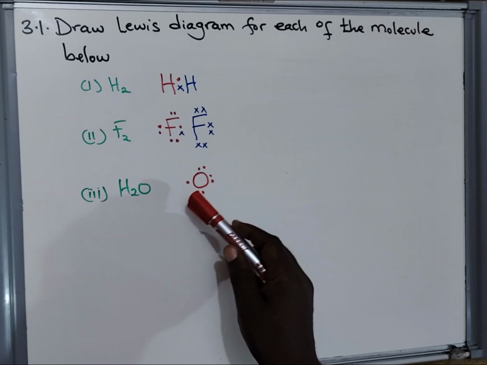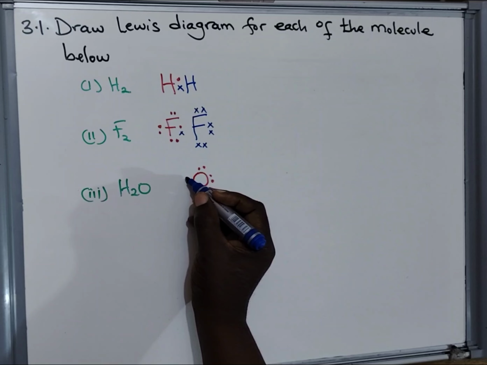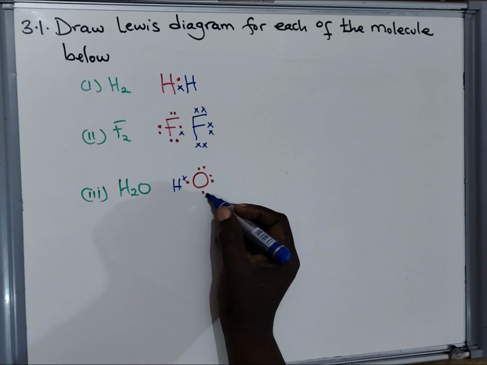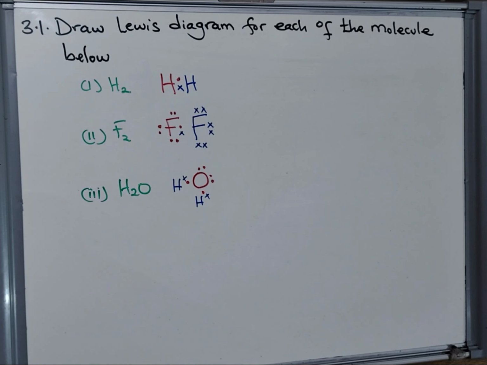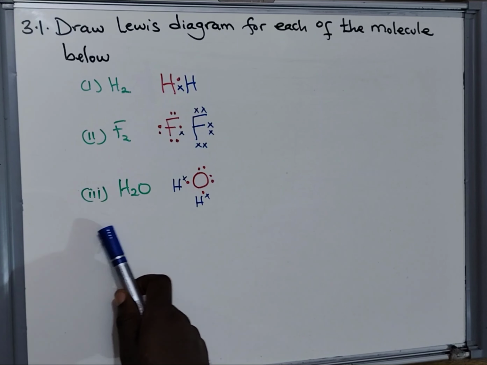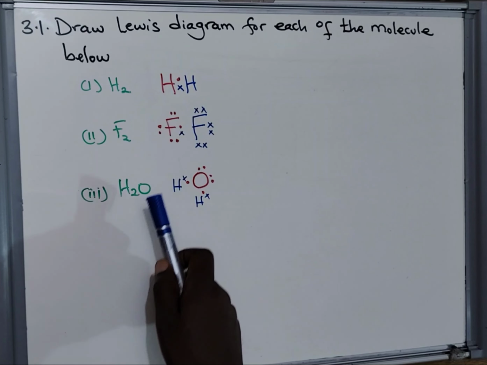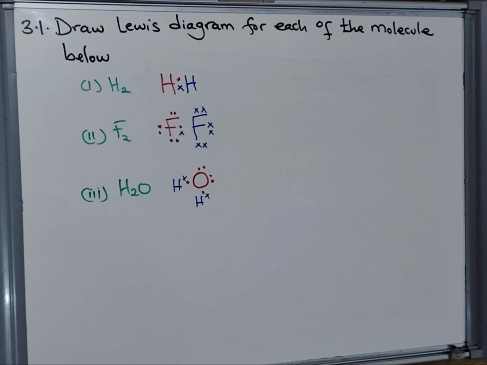So this implies that oxygen has 2 unpaired electrons. These unpaired electrons pair, each one with a hydrogen. And that is it. This is the Lewis diagram for water.